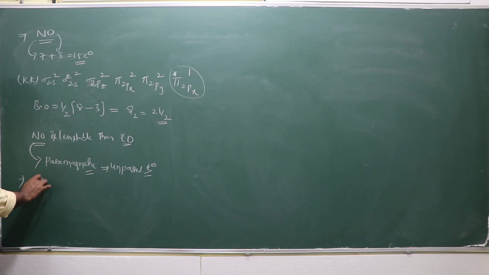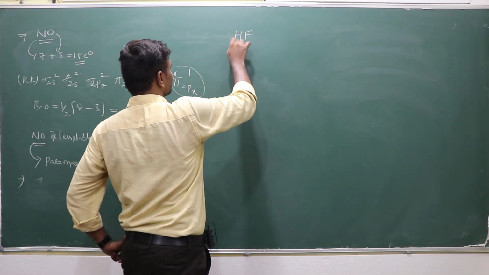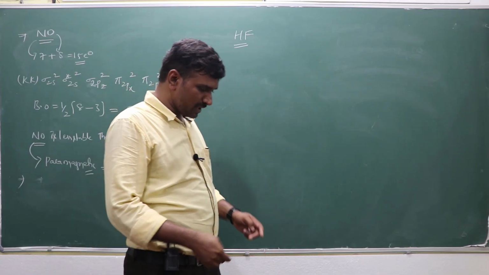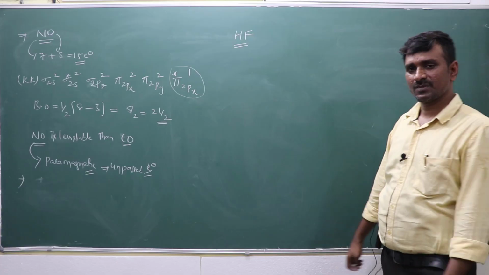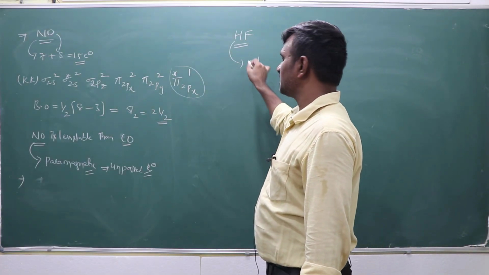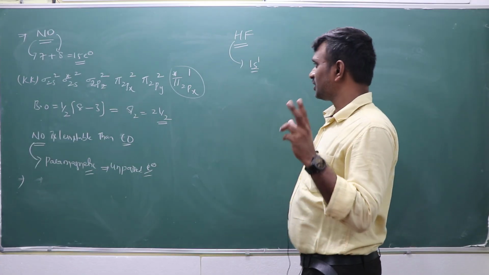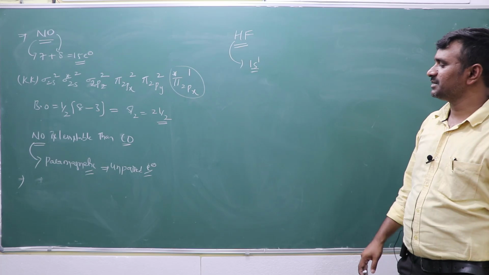Right? Next, another molecule you have to show, the last one, is HF. Compared to the earlier ones, this HF molecule is different. H has only one electron, a single electron, 1s1.